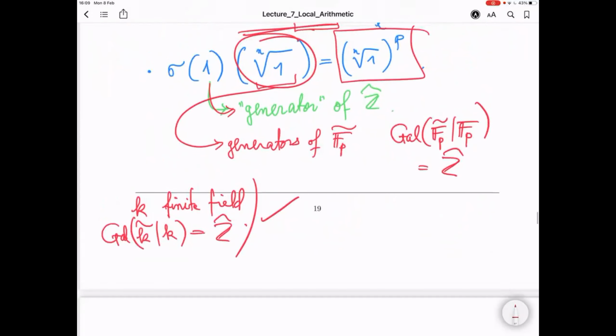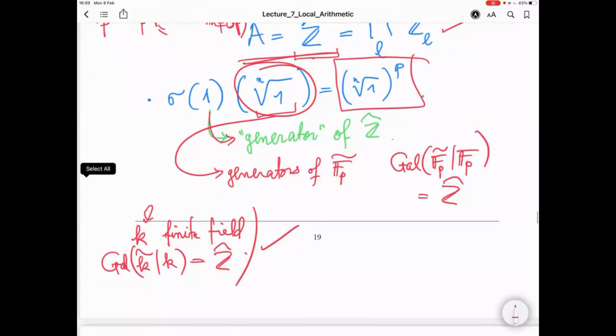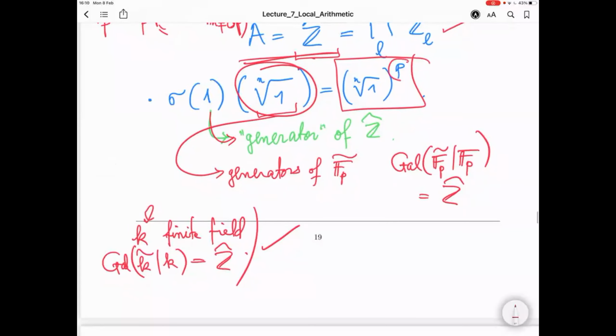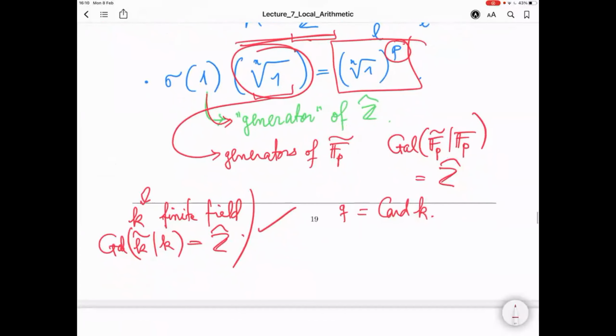The only difference, when I take an arbitrary K, is that instead of the power P here, I'll get the power Q, where Q is the number of elements in this K.